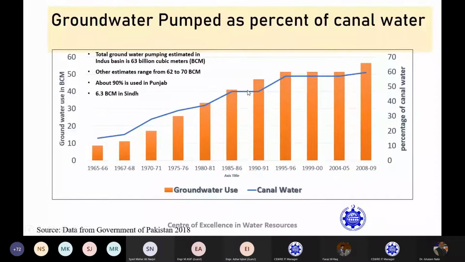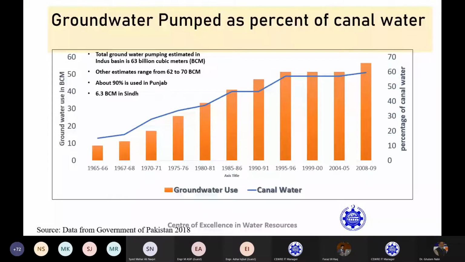Now, at this moment, the groundwater contribution is more than 60%, that is 60 to 70 billion acre foot, and the usage is more than 66% water. So canal water is decreasing, and the stress is only on the groundwater.